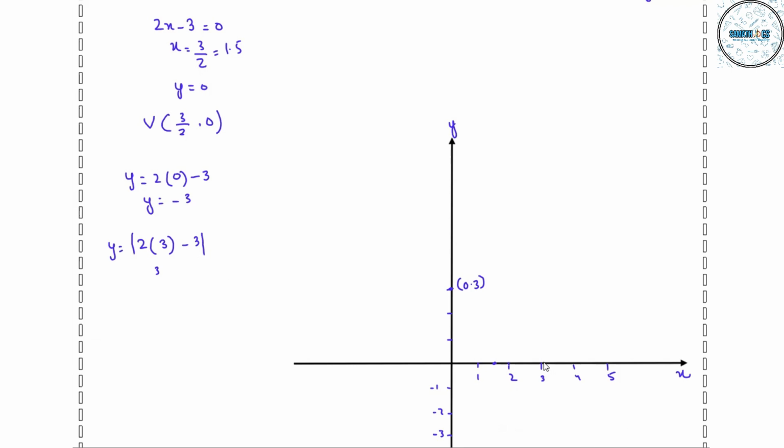So at 3, we have to mark the point at 3. One of the lines is from here till here. Another line will be on this side.